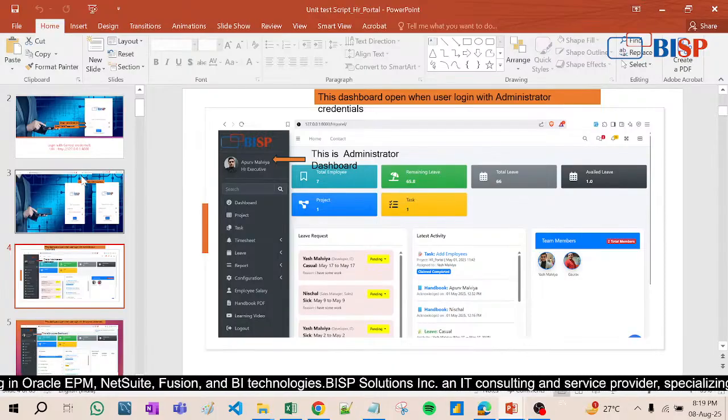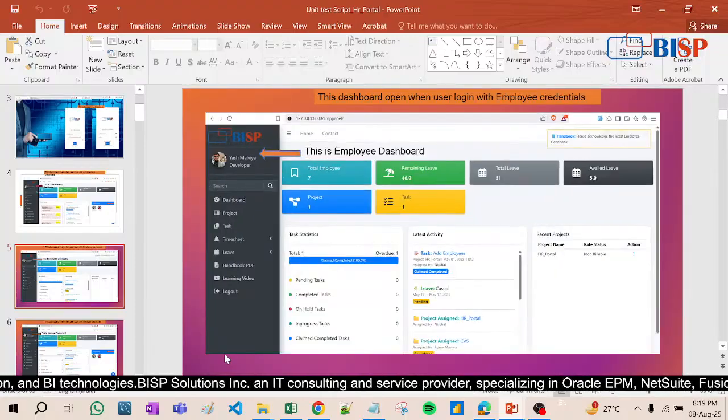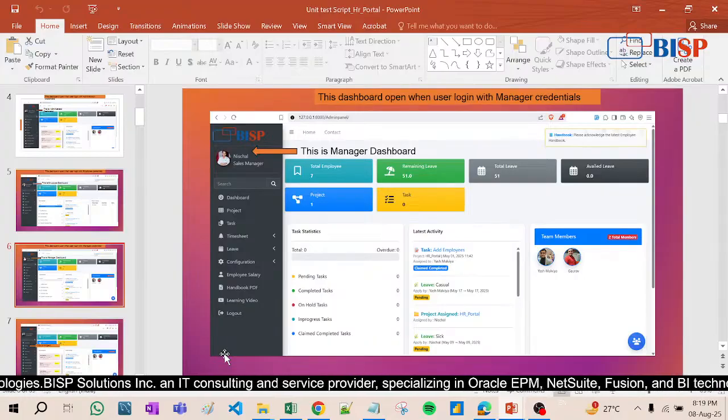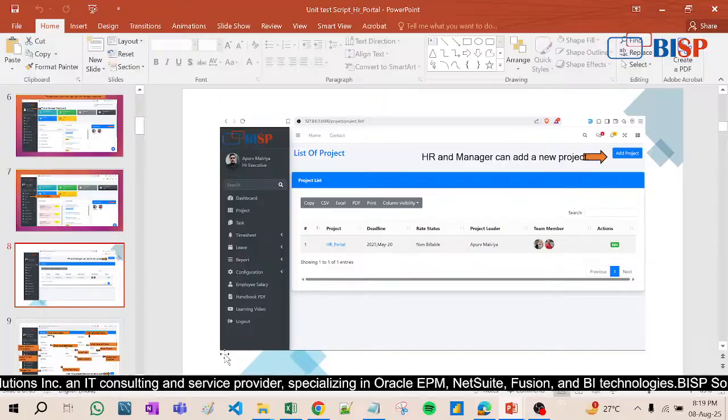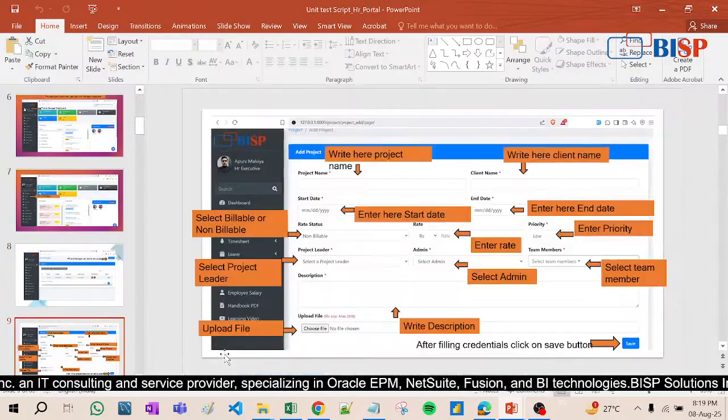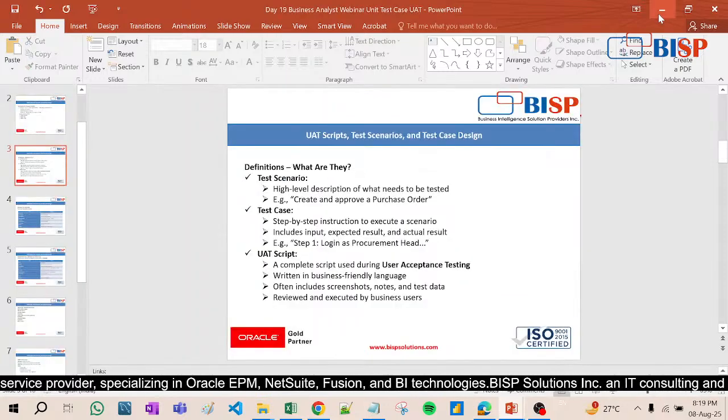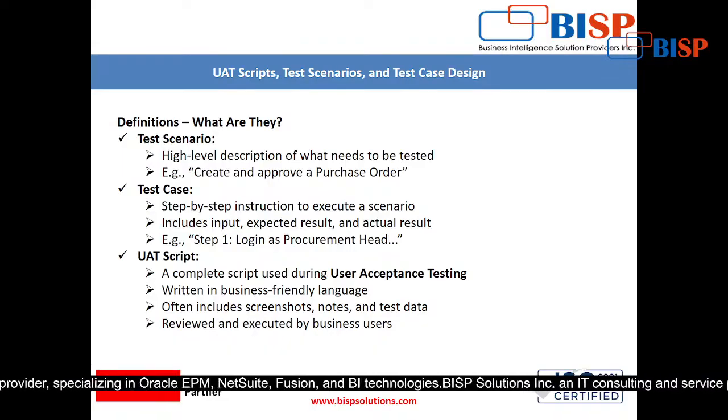Once you enter the credentials, if they are successfully accepted, then you will see this is the administrator dashboard, and then this is the employee dashboard, and then you will see this is the managers dashboard. After that, click on projects, you can see here the projects. Now these are all the inputs that you have to show. So this is called user acceptance testing script, right?